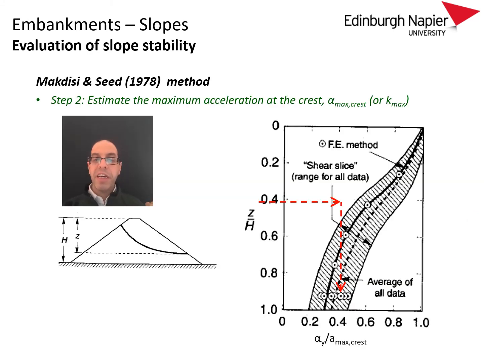So after they have found the yield acceleration ay using a software, what they do is that they look at the height of the sliding mass as a ratio of the height of the embankment or dam, and then they go down into the graph, and that gives them the value of the maximum acceleration of the crest that they can expect for that specific dam.